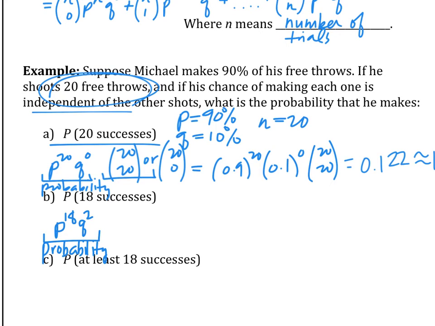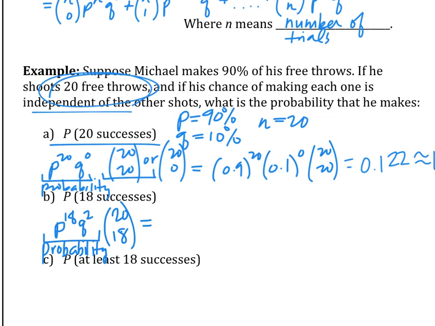It could be 18 at the beginning, 18 at the end, or somehow dispersed throughout the 20 shots. Therefore, we need to also multiply by how many ways 18 can come out of 20, which means 20 choose 18, or you can do 20 choose 2. It will give you the same number.